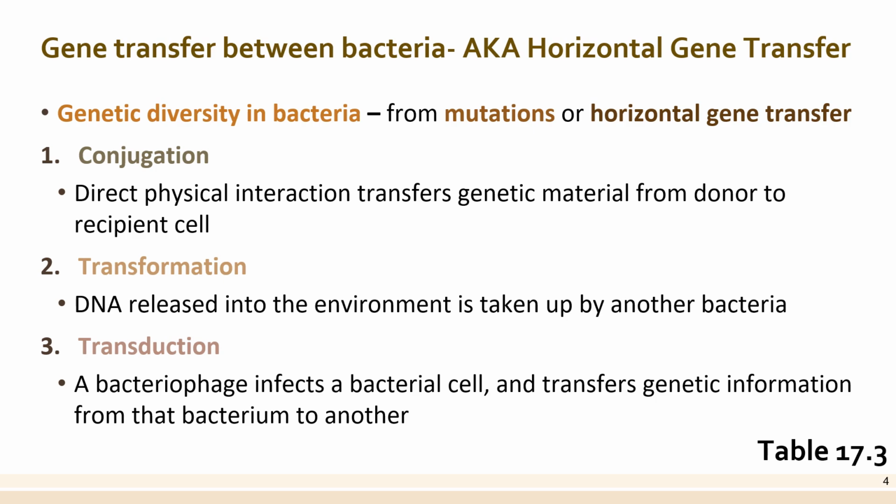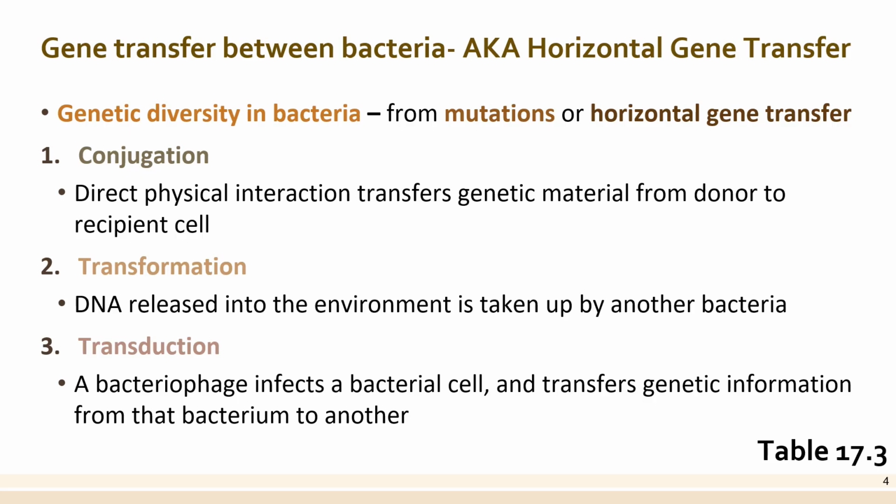Because they're asexual clones of the parent cell, they are technically not acquiring any differences from the parent cell. So any differences that come up either have to come up by accident through DNA replication errors or through horizontal gene transfer, where they pick up genes from other organisms.